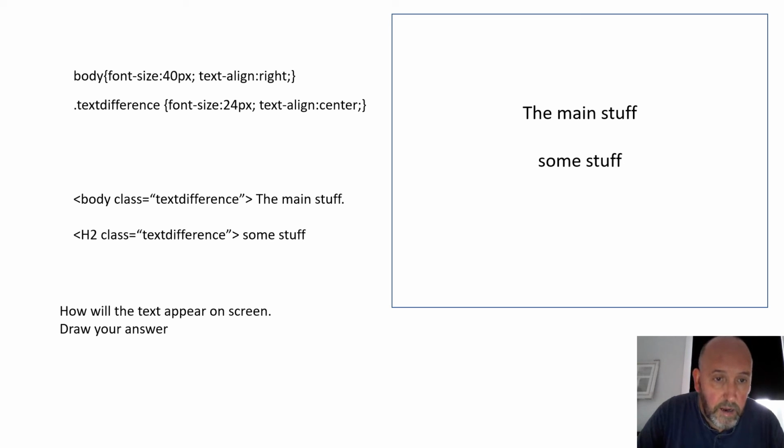Both of them are using the class text different, which means that the text will be font size 24 and it'll be aligned centre. The body rules are totally overwritten by the ID.